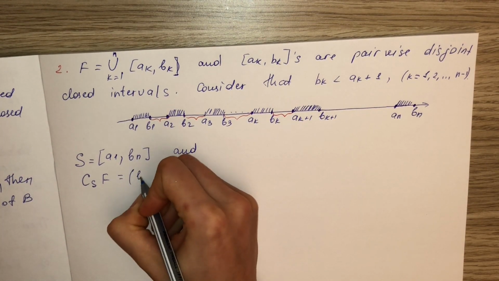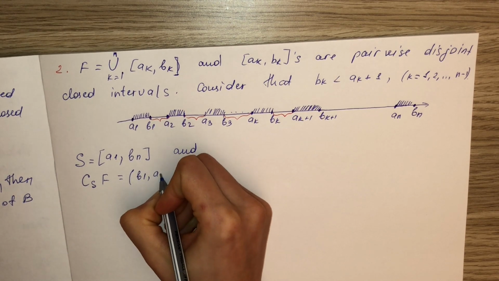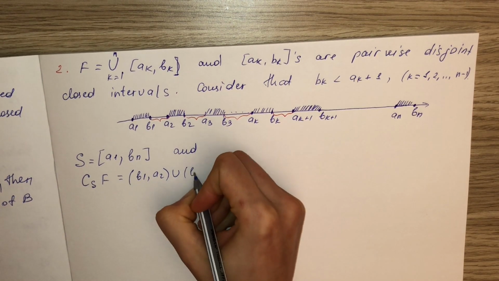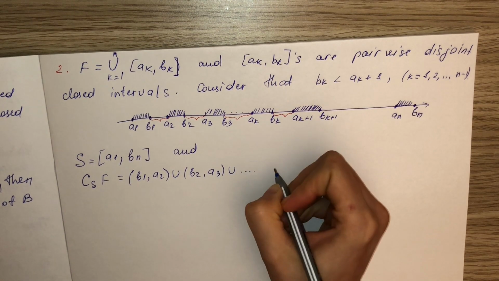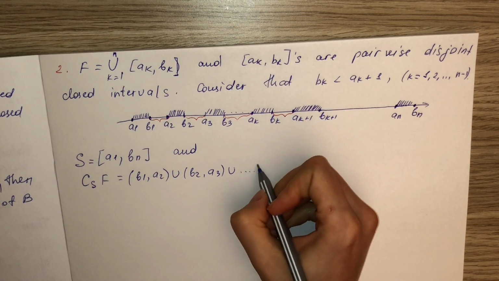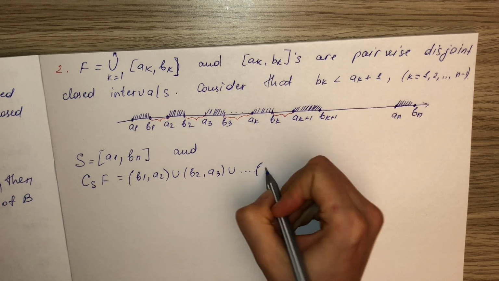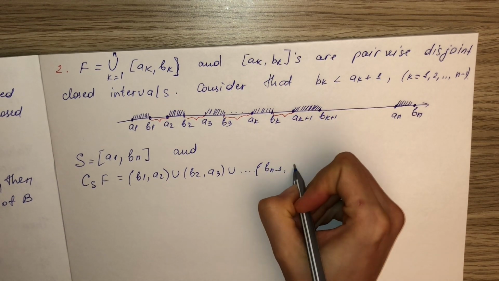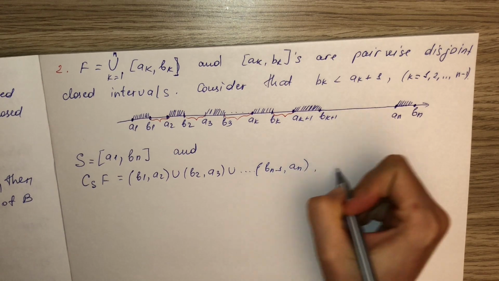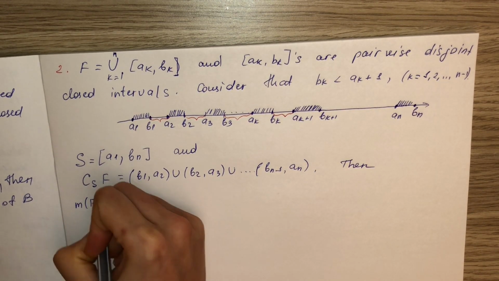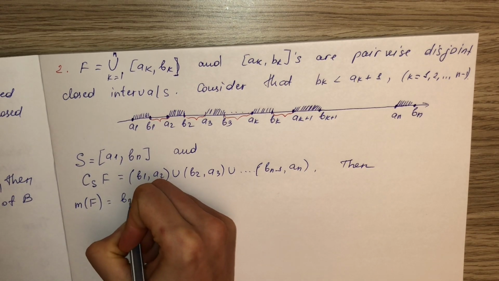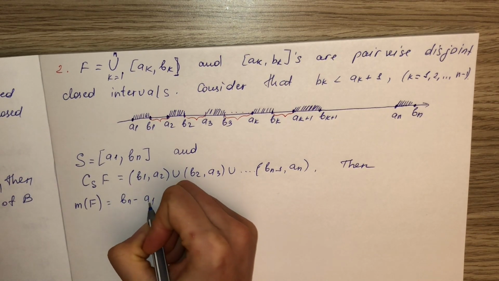These intervals are (b1, a2), (b2, a3), up to (bn minus 1, an). Then the measure of F would be bn minus a1, okay?